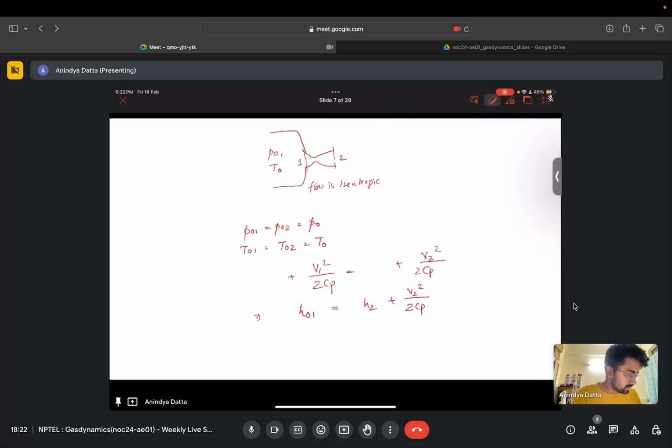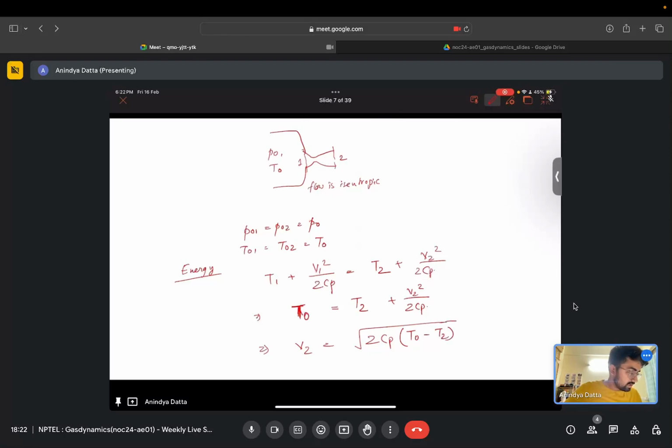You can write it in terms of temperature: I'm writing enthalpy as Cp times temperature, and then dividing both sides by Cp. So this is your T0, and this is T2 plus V2 square by 2 Cp. Now what is your expression for velocity? V2 is the square root of 2 Cp times T0 minus T2.